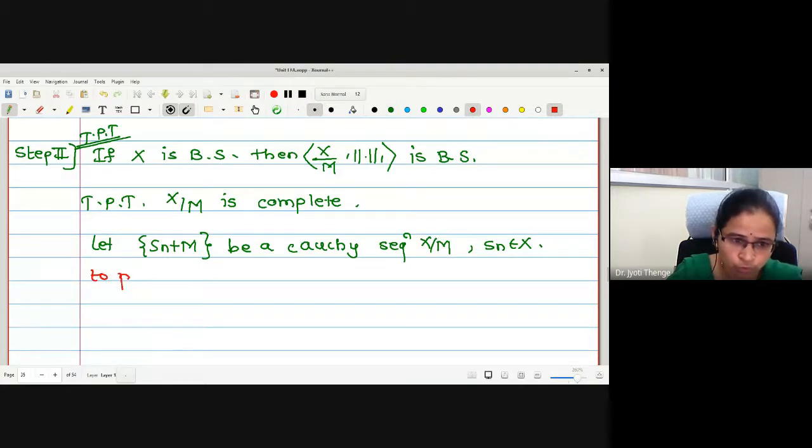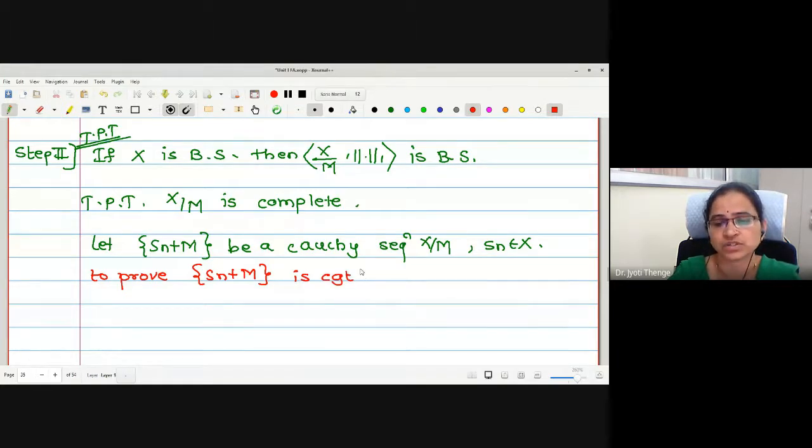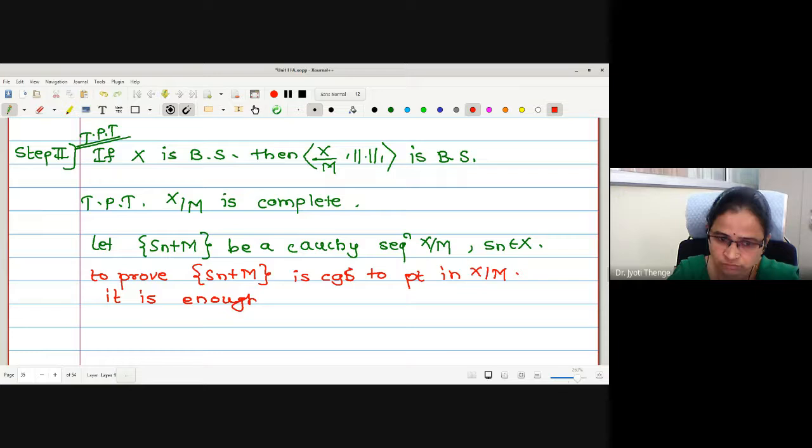To prove, our job is to prove Sn plus M is convergent, or converges to a point in X by M. It is enough to prove the sequence has a convergent subsequence.